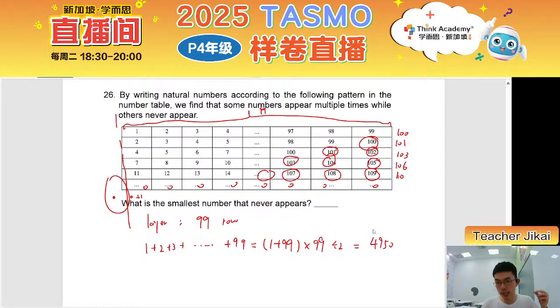So what is the number in here? Where does the number start? It starts with 100. So we start with 99 numbers before it and we add 4950. This is how we get it. But is this the final answer here? 99 plus 4950 is 5049.